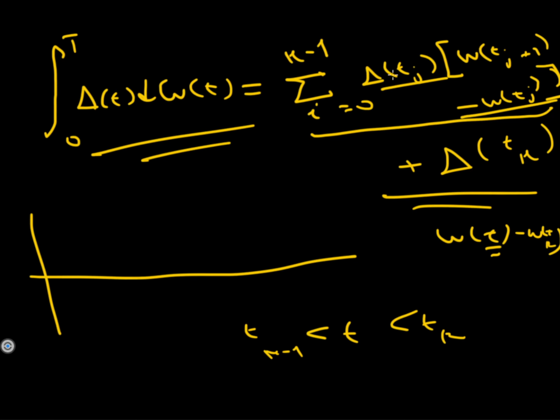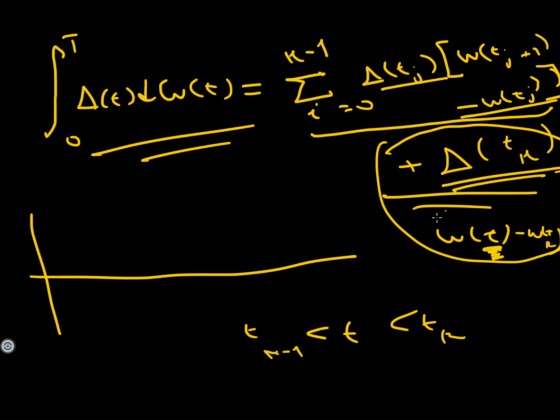So we're simply multiplying the simple process by the increment and taking the sum. But in this section, at time tk, we've already attained a value for said simple function. Oh, by the way, it's tk to tk plus 1, not tk minus 1 to tk.